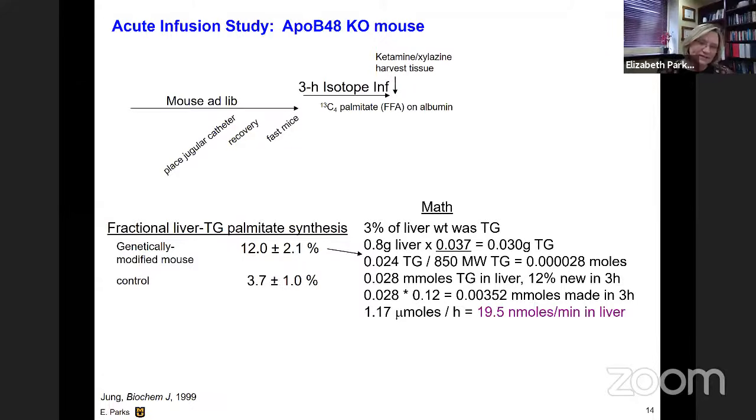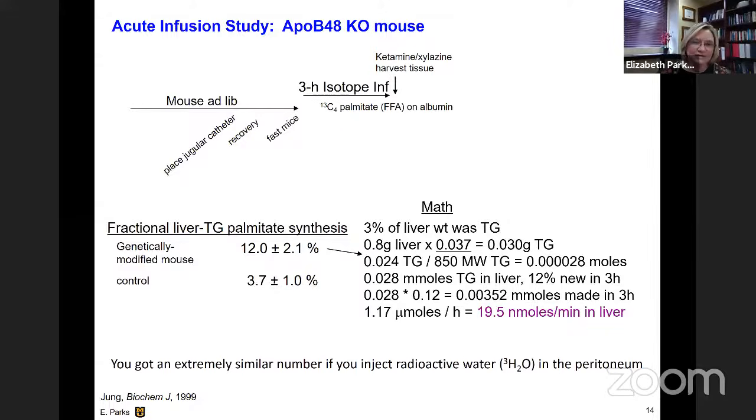We repeated this study using tritiated water, and we got exactly the same thing with a bolus shot. We've compared a number of methods for liver triglyceride turnover and found them all to give very similar values. One last point here, under the infusion, we could put glycerol in there to look at adipose glycerol release, or you can put acetate, which, as we did in this experiment, also measured lipogenesis at the same time.